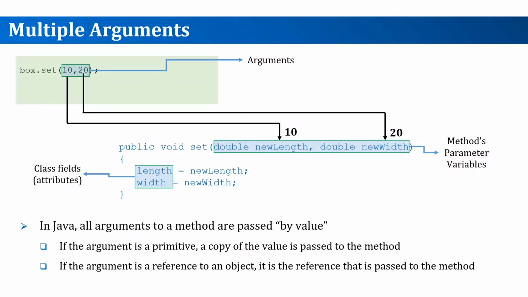Also, if it's a reference variable, the value stored in the stack memory of the reference variable, which is the address, will be the value that is passed to the method. We will discuss this in detail in a future video.